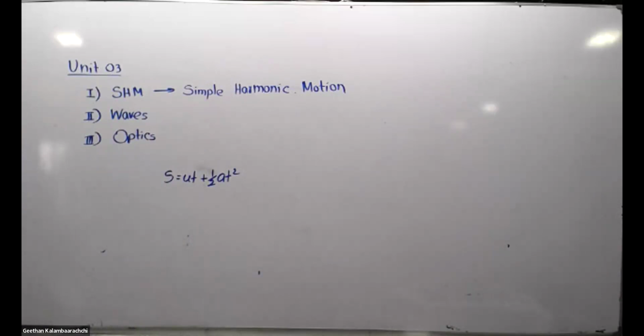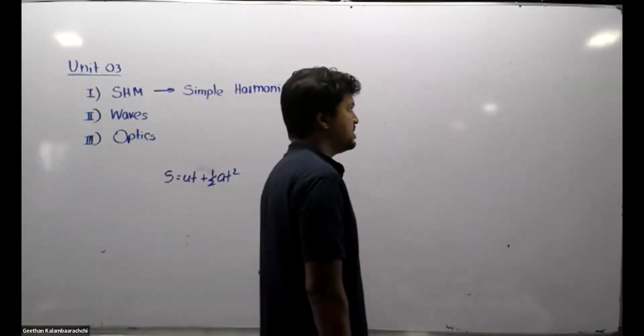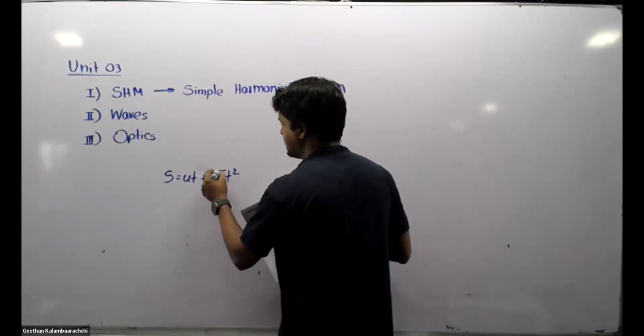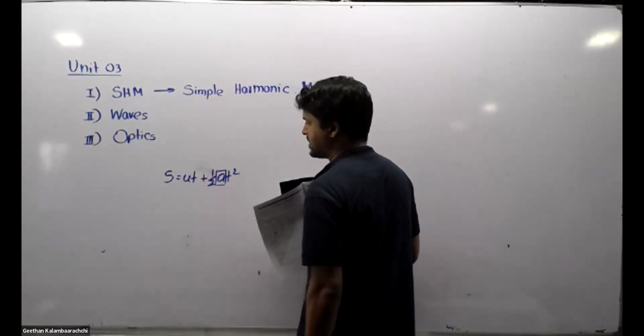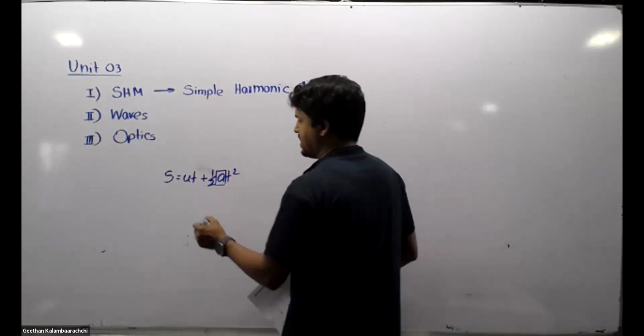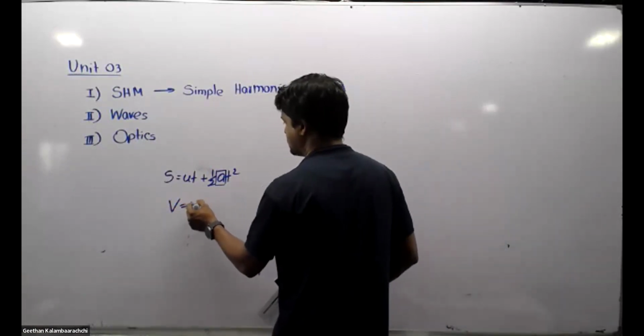And what is this motion? It is a linear motion under a constant acceleration. This is a linear motion under constant acceleration. And if I ask you what is this motion?